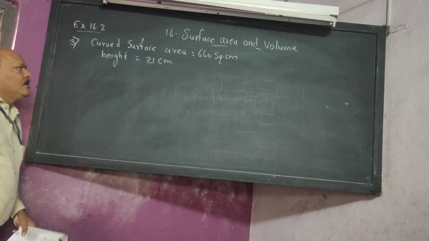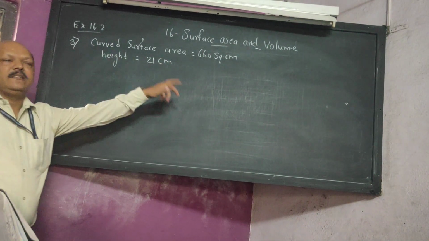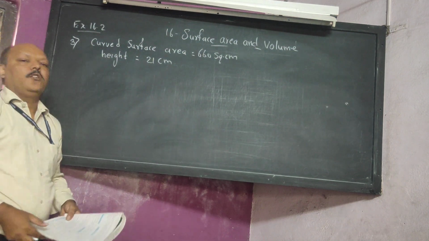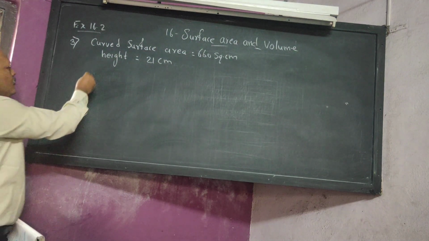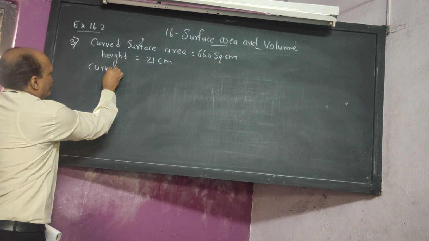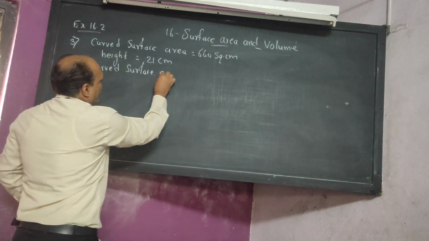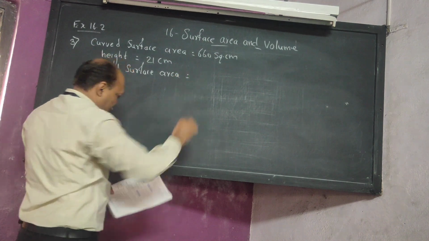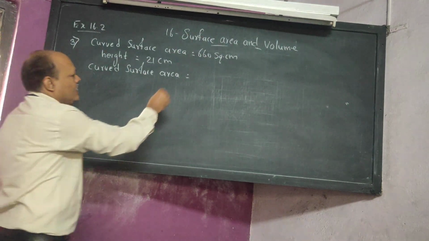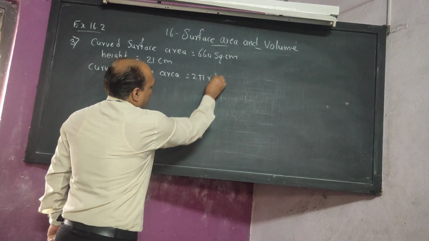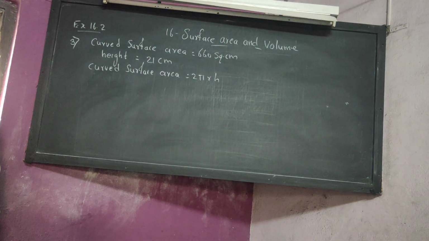With this information, curved surface area and height, we can easily find the radius. So first we have to find the radius. What is the formula to find the curved surface area of a cylinder? The formula is 2 pi RH.